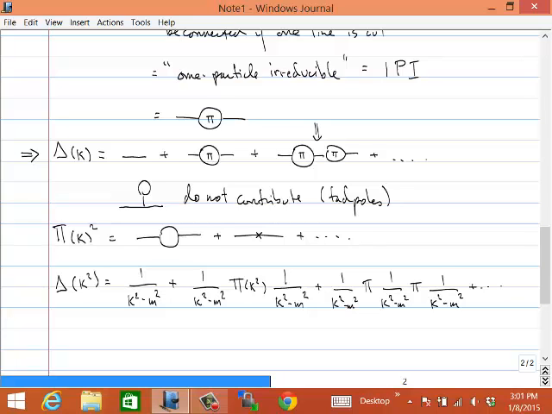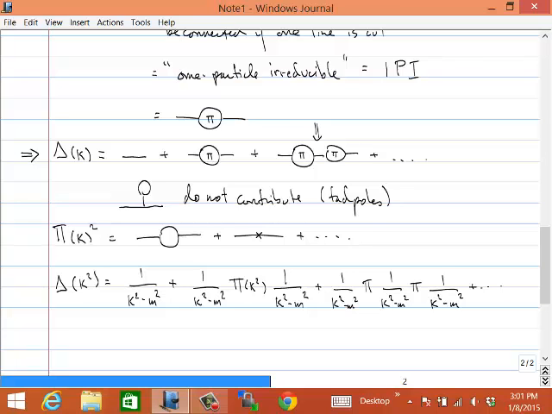The other comment that I'll make is that usually when we talk about Feynman diagrams, when we're computing scattering amplitudes, you don't attach factors of the propagator for external legs. However, it's important to remember that when we compute delta, we're not computing a scattering amplitude, we're computing a two-point function. And remember, the relationship between scattering amplitudes and correlation functions is that when you compute a scattering amplitude, you strip off these factors of the propagator.